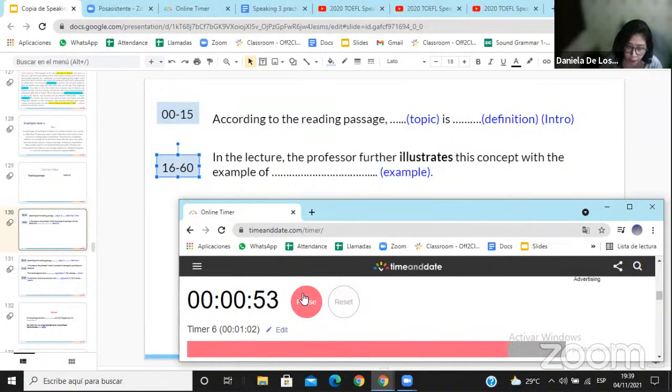So according to the reading passage, target marketing is about a strategy of advertise to small and specific audiences. In the lecture, the professor further illustrates this concept with the example of a company who tries to sell a cell phone to different types of groups of people.